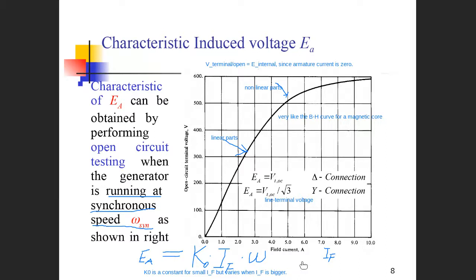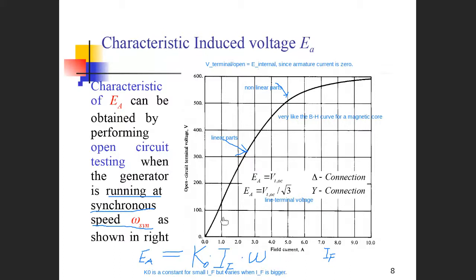So I hope you have a good understanding of these characteristic curves of EA against the field current IF by doing the open circuit test. The open circuit test can help us obtain the relationship between the internal generated voltage, the per phase voltage, against the field current with a constant rotation speed.